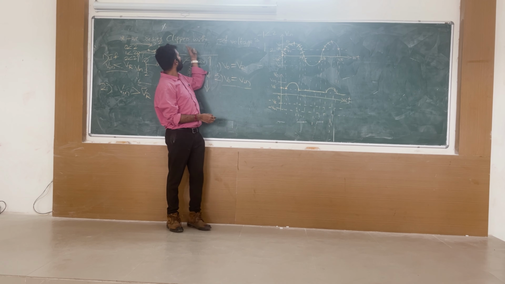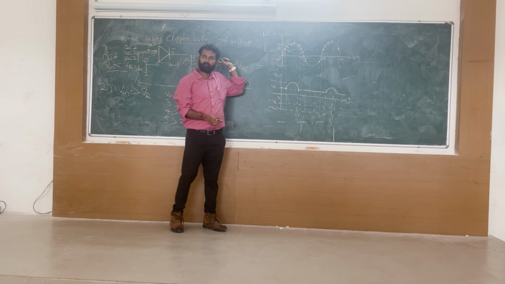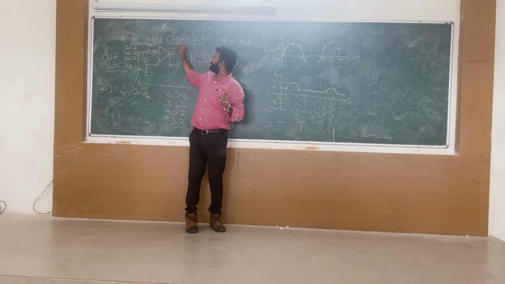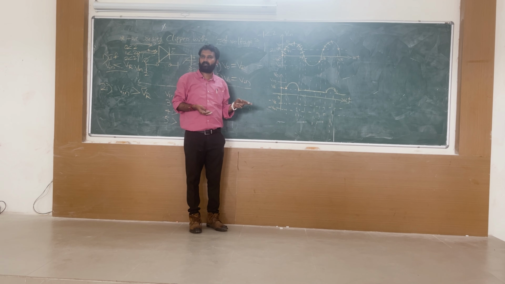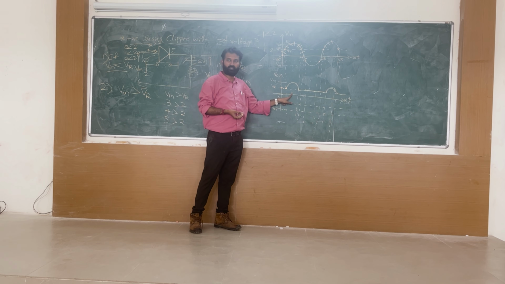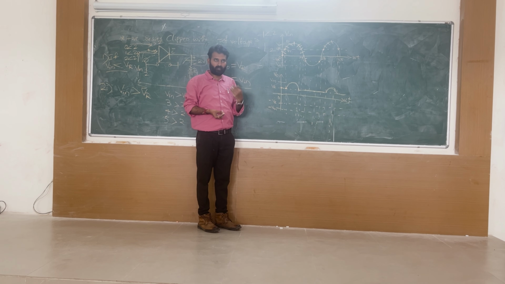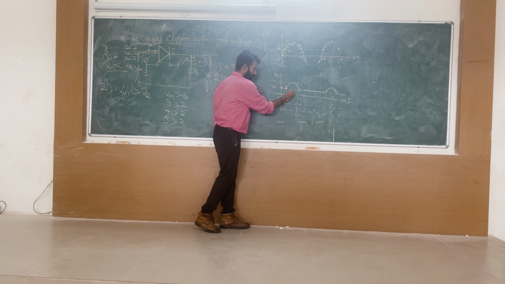What is your topic? Negative series clipper. Which portion is it clipping? Negative portion. Also the positive portion is going to clip. So focus here. A negative series clipper with reference voltage will remove the portion below VR.